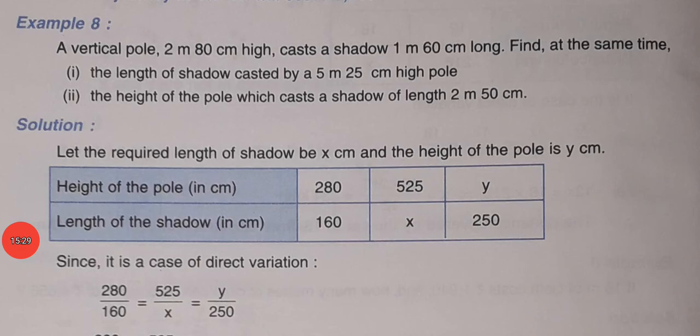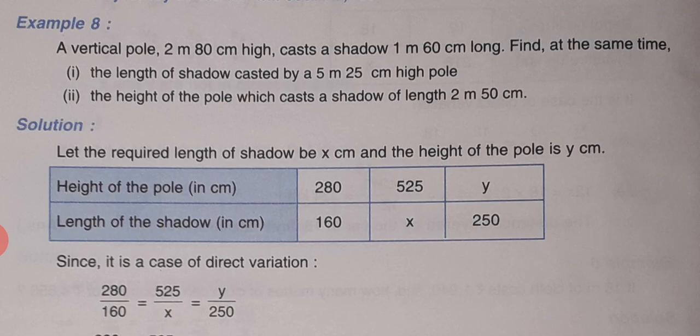It says a vertical pole 2 meter 800 cm high casts a shadow 1 meter 60 cm long. Find, at the same time, the length of the shadow cast by a 5 meter 25 cm high pole and the height of the pole which casts a shadow of length 2 meter 50 cm. So here let the required length of shadow be x cm and the height of the pole be y cm.